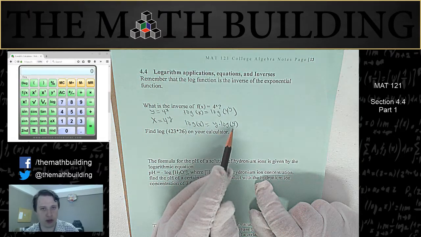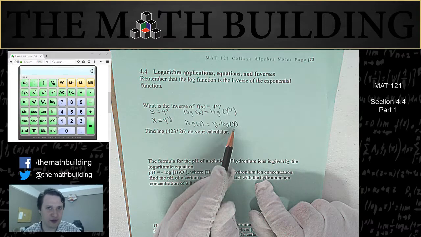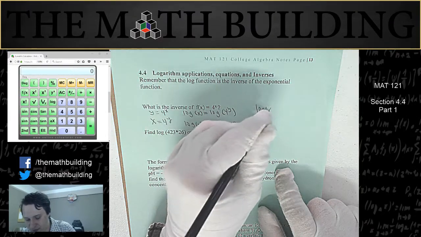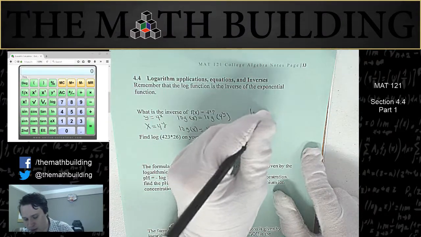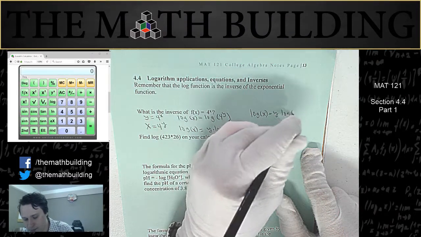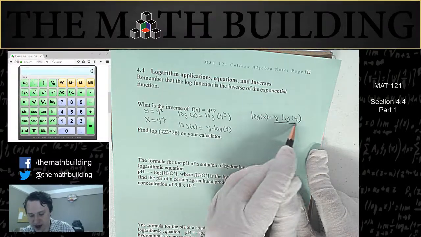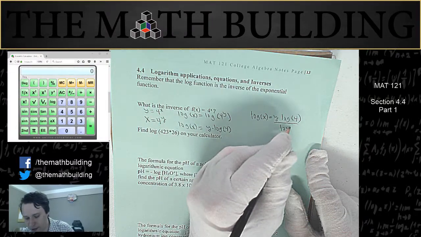Log of 4 is just a number. It's 10 to the what is equal to 4. So I'm going to rewrite this. We had log of x equals y log of 4. This is just a number right here, so we can divide both sides by log of 4.